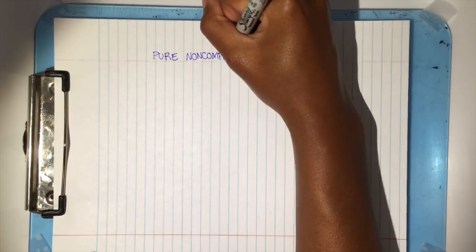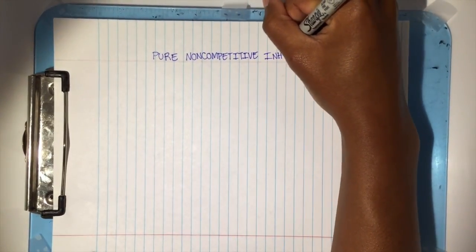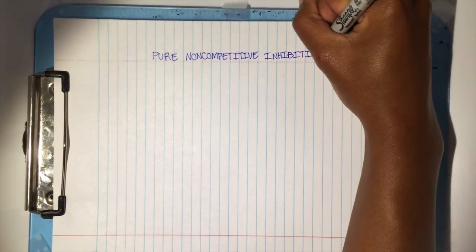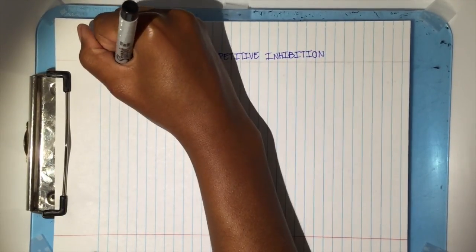Now we can move on to our second type of inhibition, pure non-competitive inhibition. So in pure noncompetitive inhibition, we know that I binds at a site that is different from where S binds.